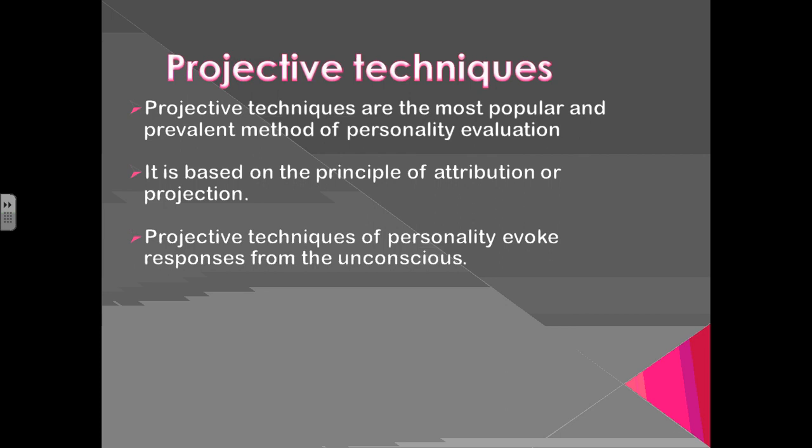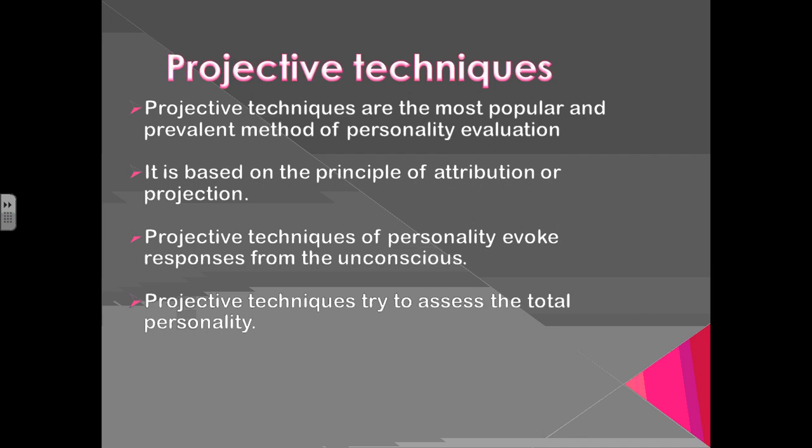According to it, the quality of personality is much affected by the unconscious motives and emotions. Projective techniques try to assess the total personality, and it avoids the fragmentation of human personality. In these techniques, relatively indefinite and unstructured stimuli like vague pictures, inkblots, incomplete sentences, etc. are provided to the subject, and he or she is asked to structure them in any way he or she likes.